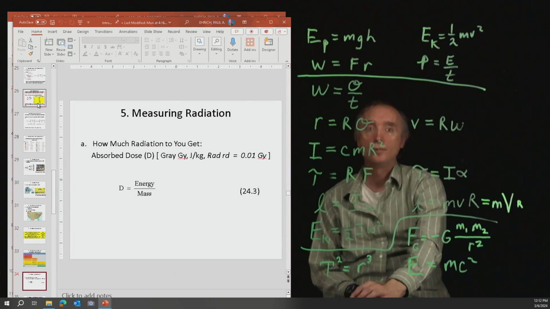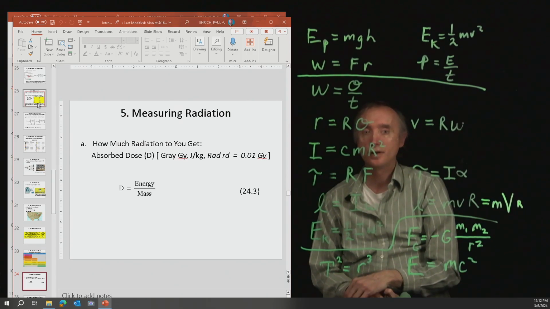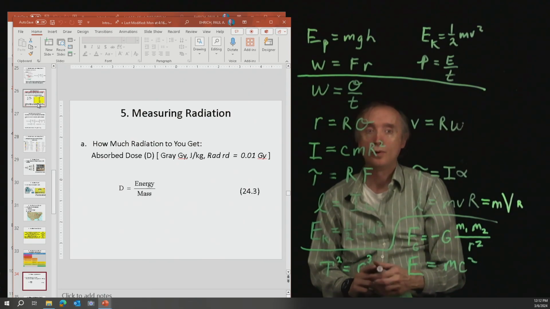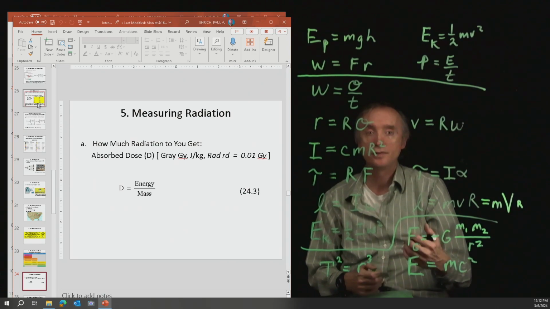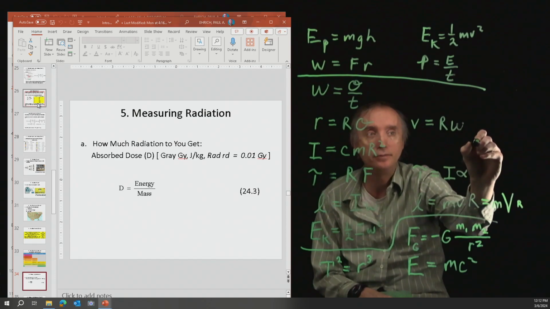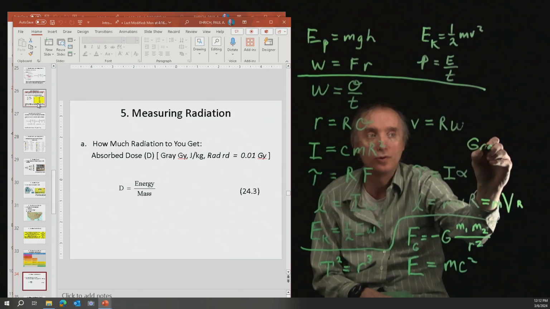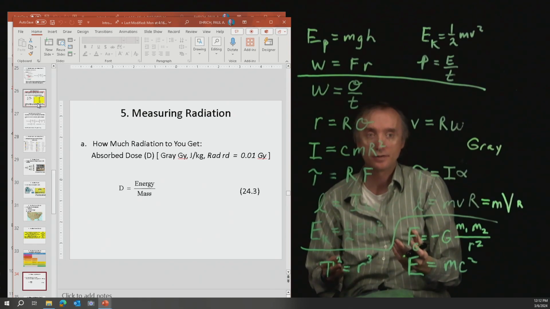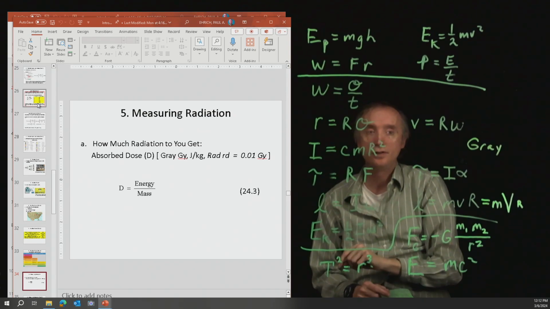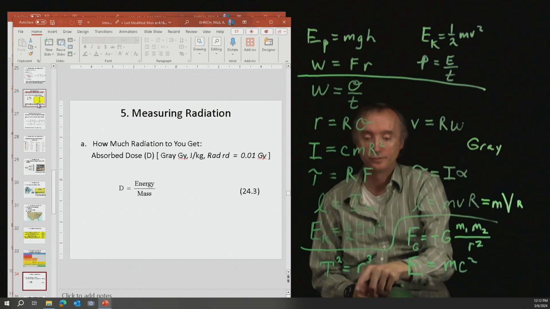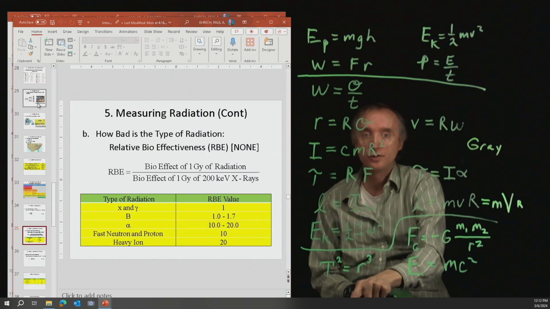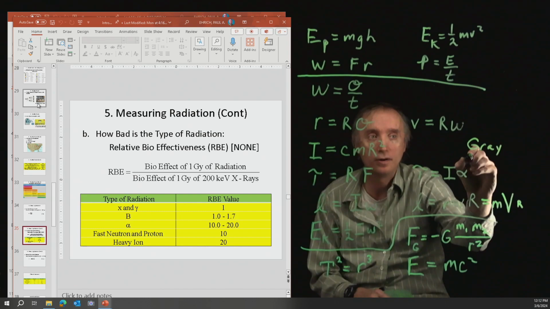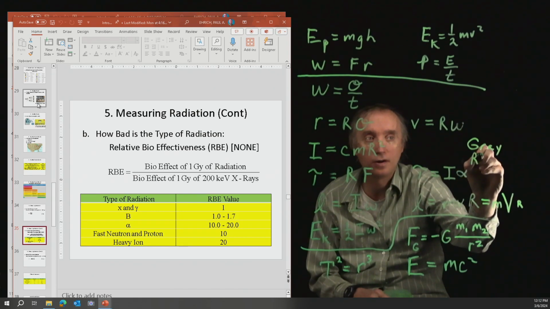Then we talked about measuring radiation. So what I want you to know is, what is the gray? Know what the unit gray is. What does it represent? You don't need to know the formula for it. You should also know what an RBE is.